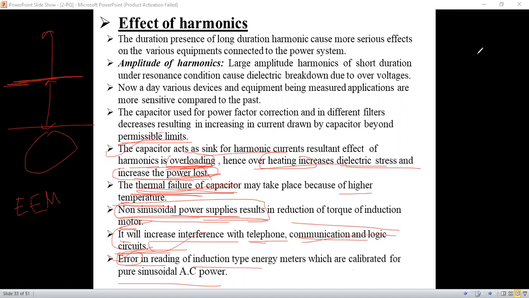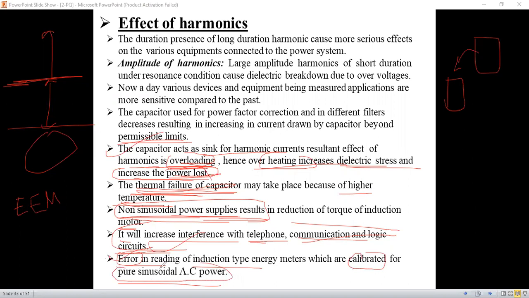We bring a dress for one person's measurement. The same dress we cannot use for another person whose dimensions are different. Like that, we do the calibration for pure sinusoidal waveforms.